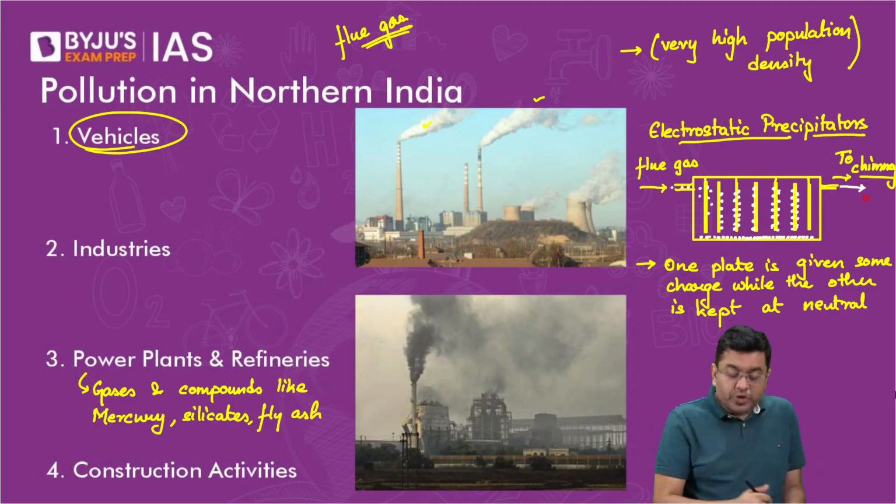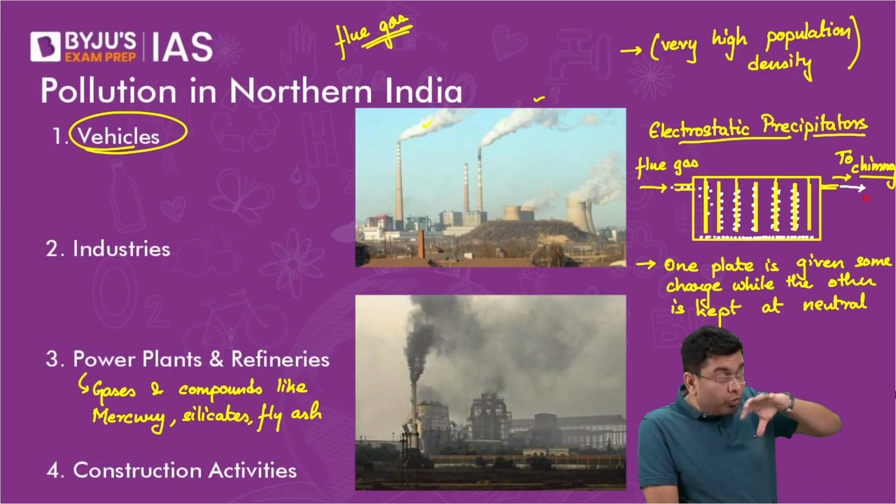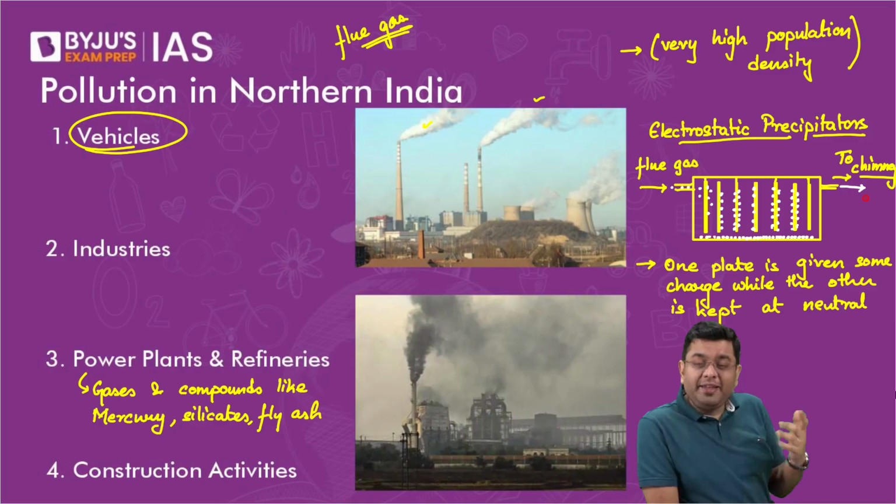So these electrostatic precipitators are used nowadays in order to purify these flue gases so that you don't have large particulate matter being emitted. Now, in these power plants, nowadays you don't have that much particulate matter, but earlier you had a lot, and in fact, even today, a few of the power plants actually release a lot of fly ash. What is fly ash?